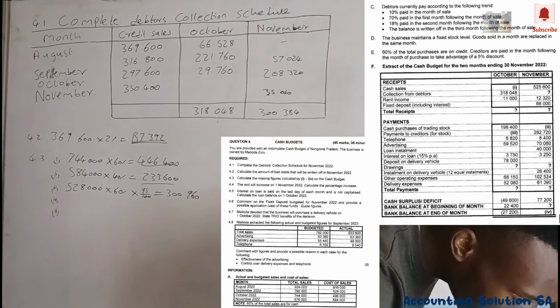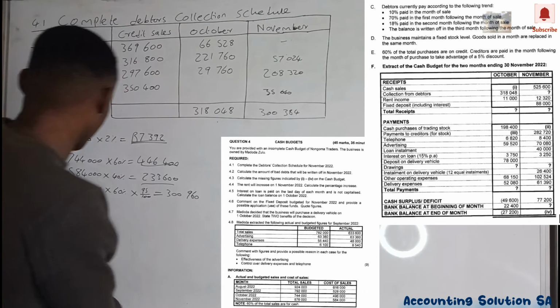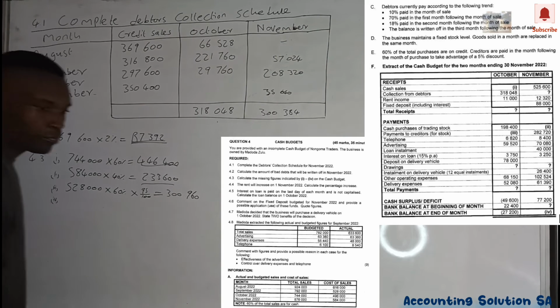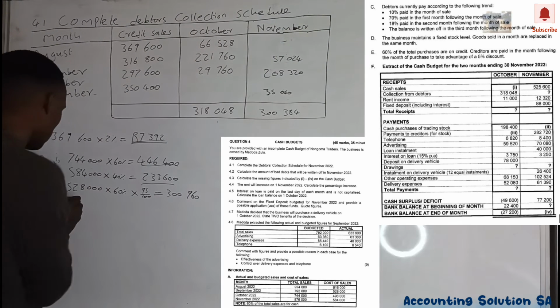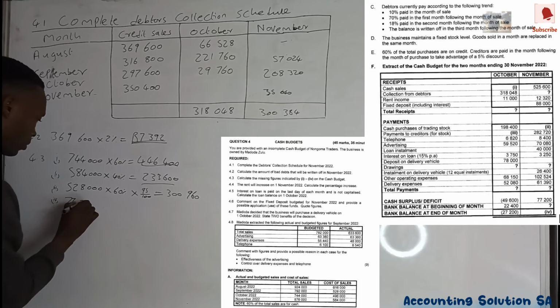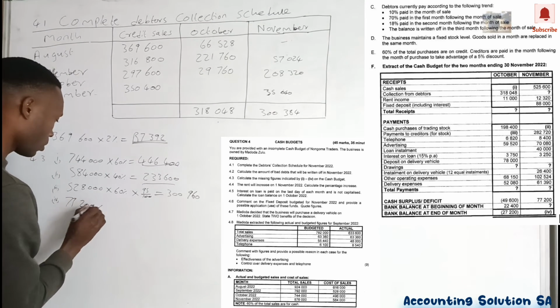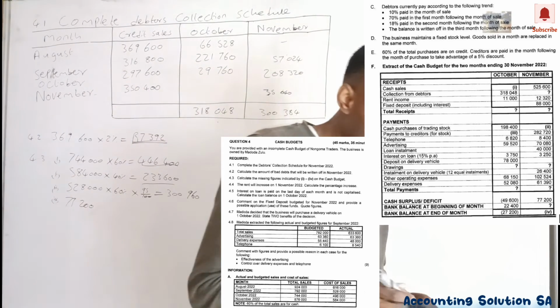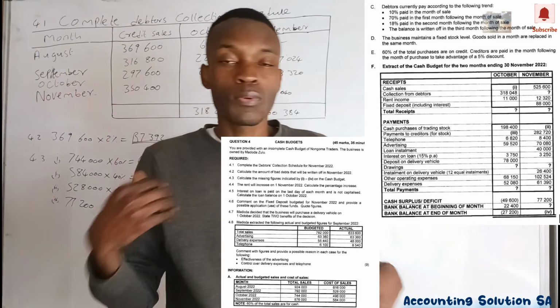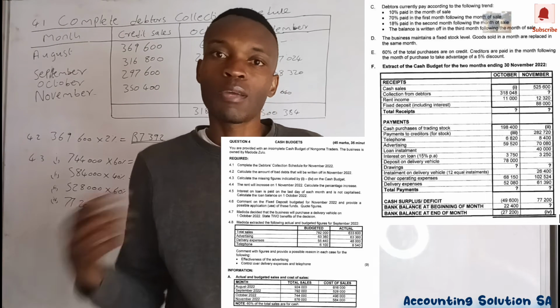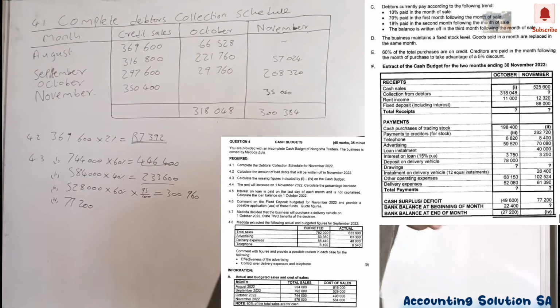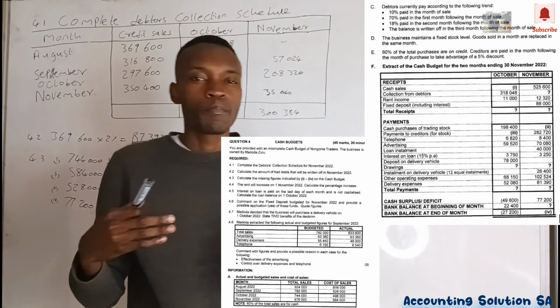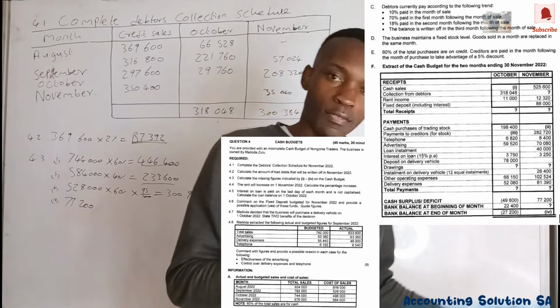Okay, Roman figure number 1, 2, 3, 4. They are only up to 4, not 5. So we take 77,200, and we add or we subtract the opening balance. So this one is always changing, negative sometimes, sometimes positive. The balance at the beginning is the closing balance for last month.